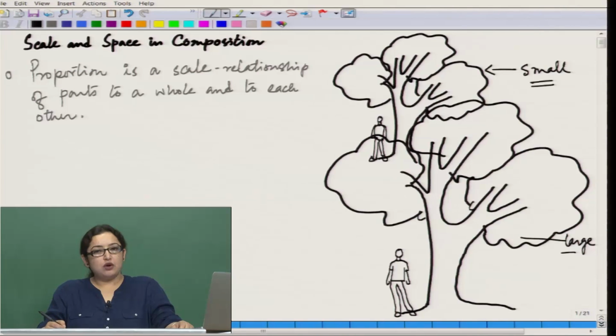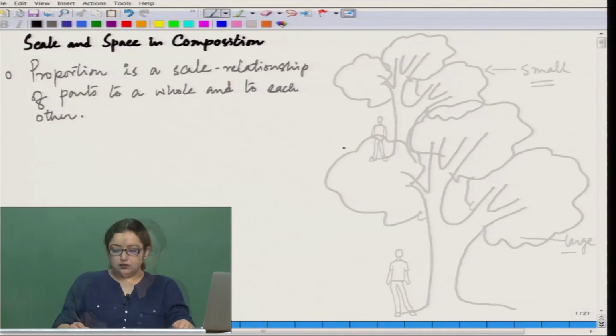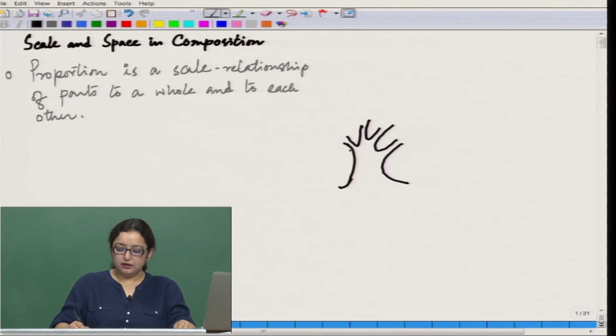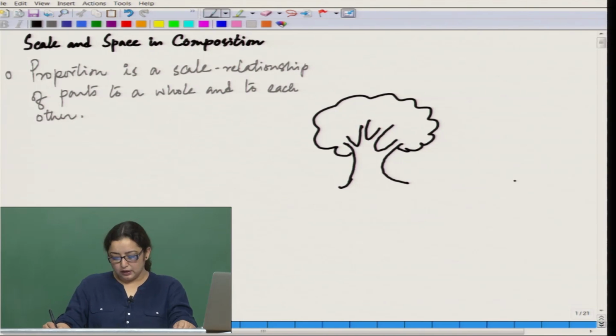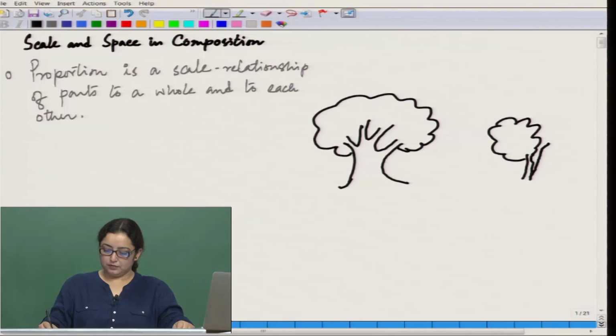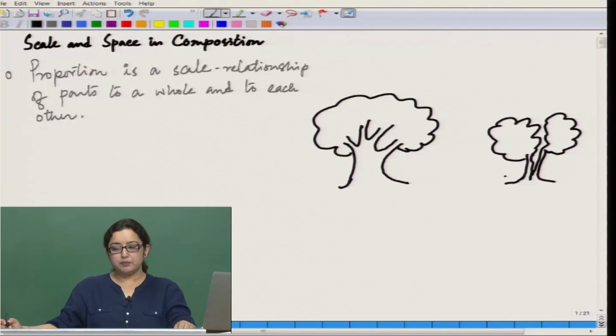Now, I will alter the same example and produce another one to understand another ratio. As an alternative, let us draw a tree which is this big and another tree which is this big.